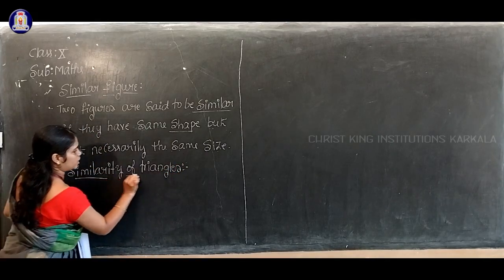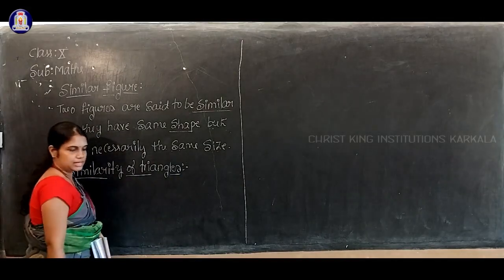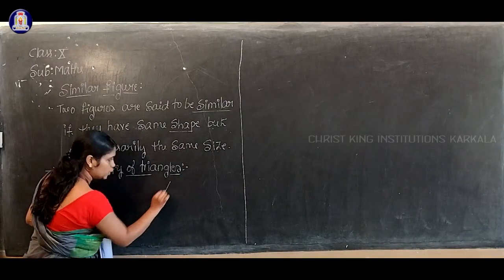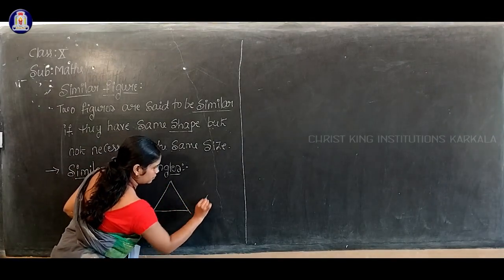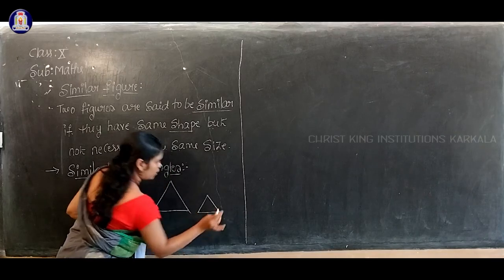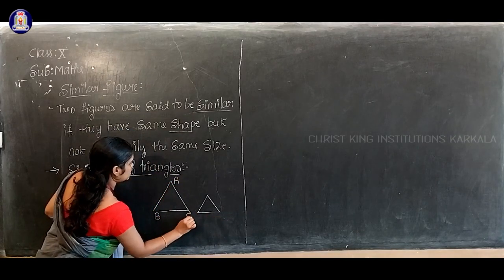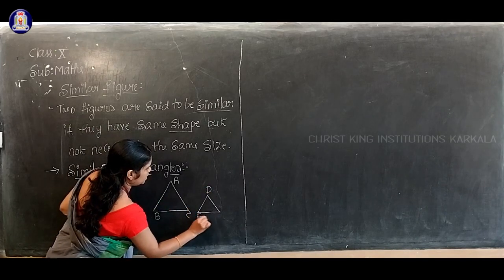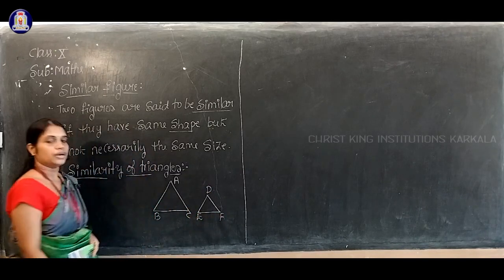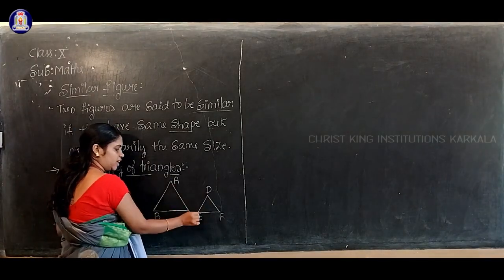I will consider two triangles. This is A, this is B, this is C, and this is D, this is E, and this is F. You can observe here triangle ABC and triangle DEF.